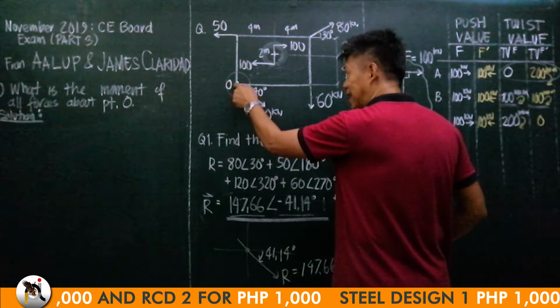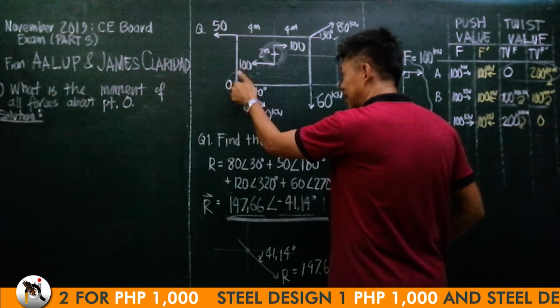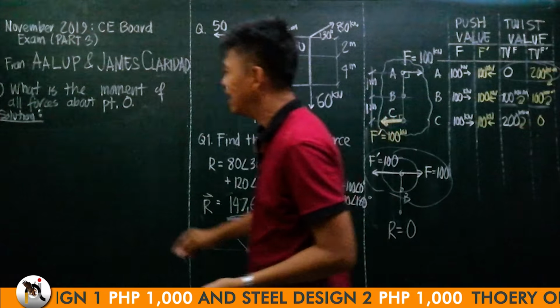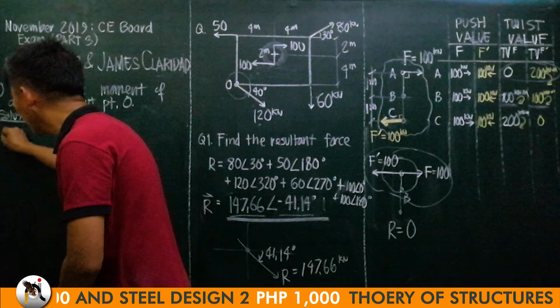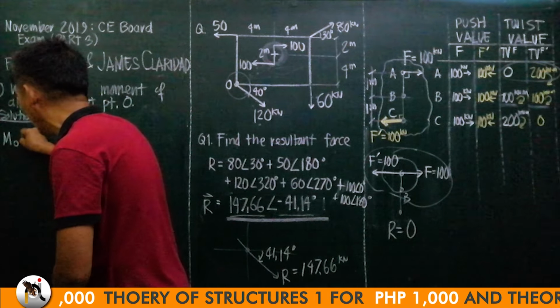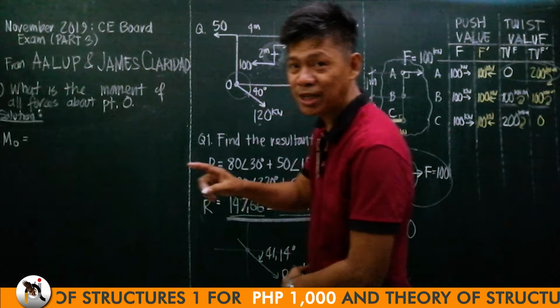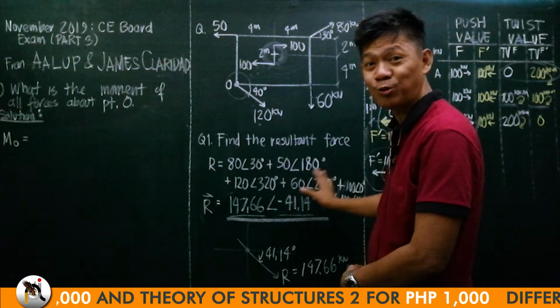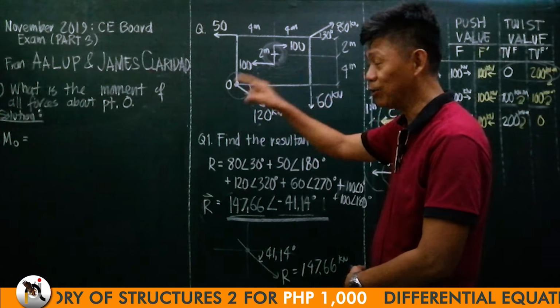The 120 cannot twist the object because it is acting on the pin. Right? So, let me call the twist value as the moment. Moment about O. The moment about O of all the forces is the sum of the moments or twist value of all forces about O.